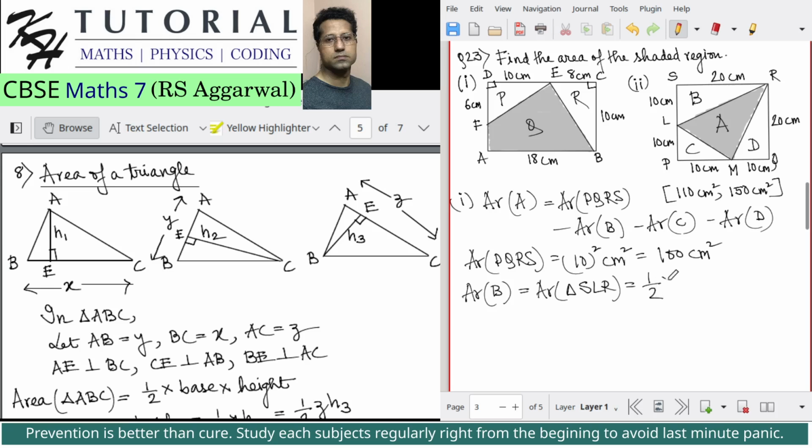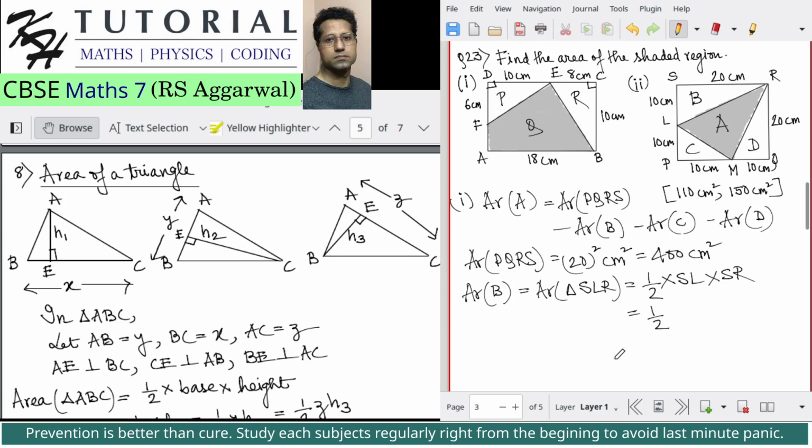We can consider SL as the base and SR as the height. The length of each side of the square PQRS is 20. So this is 20 squared, and this will be 400 centimeter square.